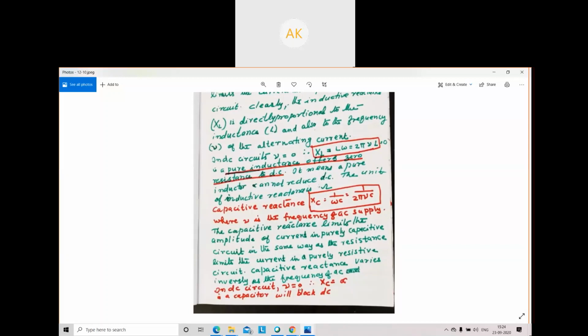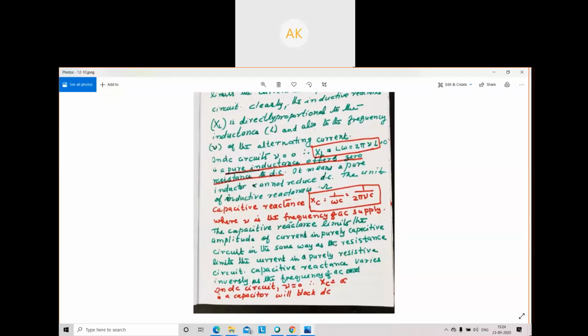So XC equal to 1 by 0, that is infinite. So the capacitor offers infinite resistance to DC. We can say it blocks DC. Actually, the current is not passing through the capacitor. So it blocks DC.